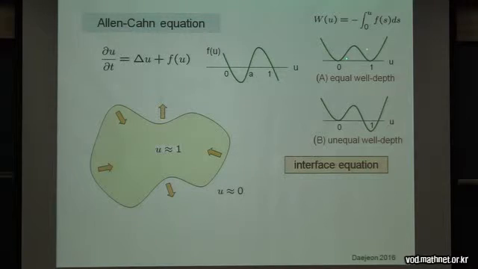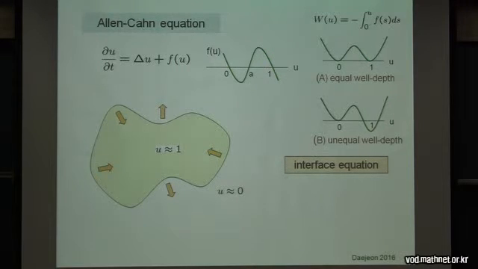If you look at minus the primitive of f, which is called the potential, the potential looks like this in the balanced case. So the potential for the bistable nonlinearity has two wells.